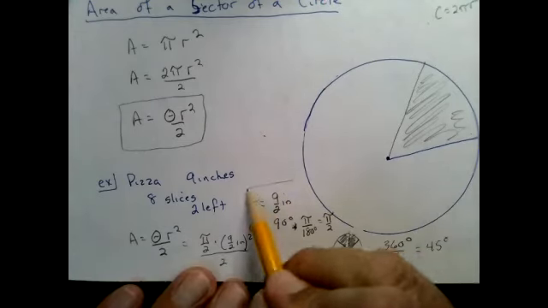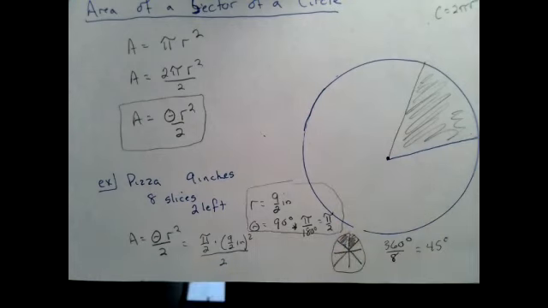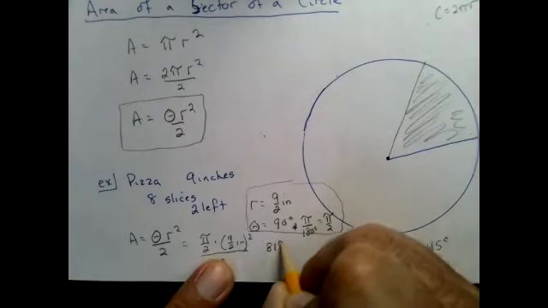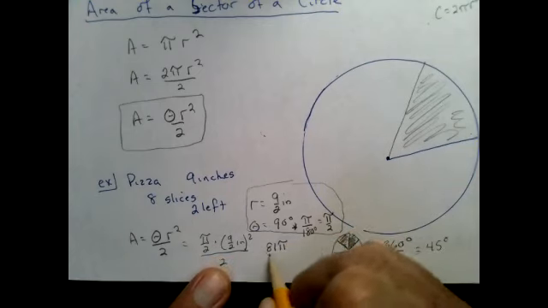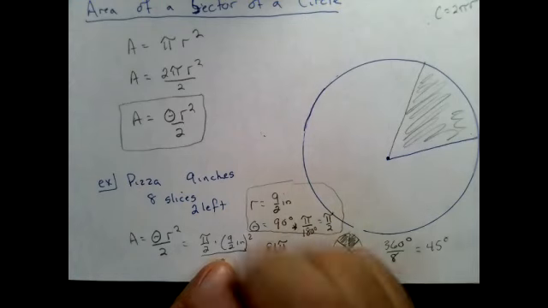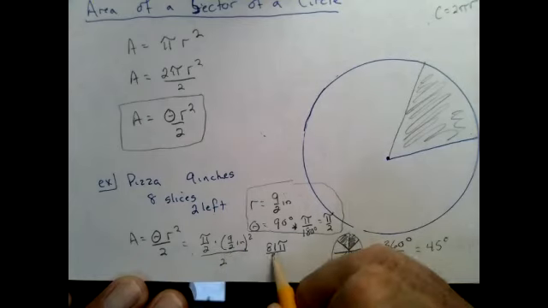I need to keep my notes up here, keep things separated. Didn't leave myself enough room. So I'm going to square this, and that becomes 81 over 4. So I'm going to have 81 pi over 4, over 8. I square this to give me 4 times 2 is 8.